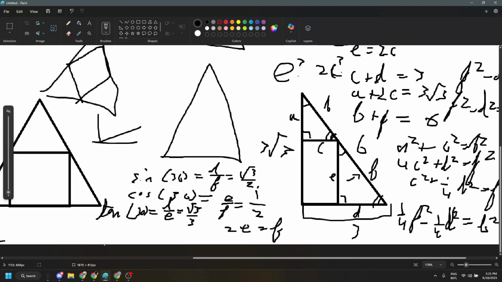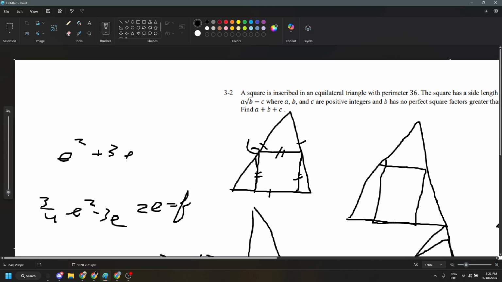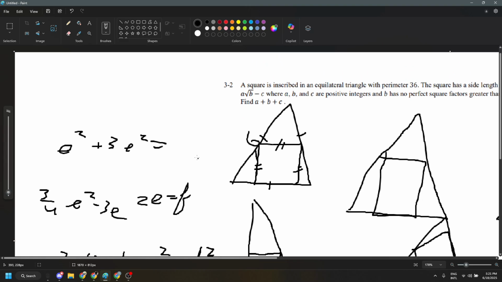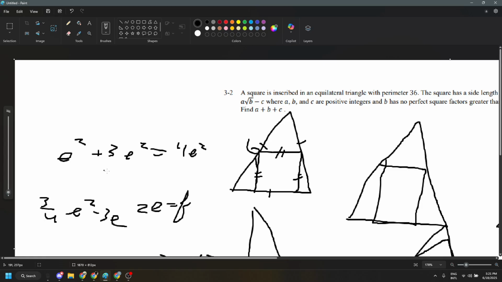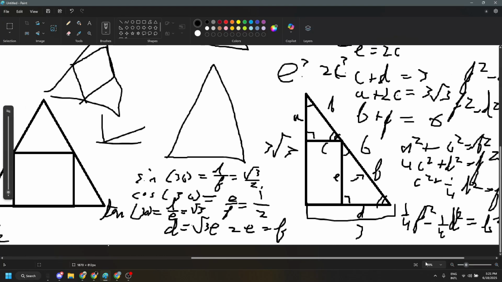Because it's sine over cosine. Or no, is that just root 3? It's just root 3. So that means D is equal to root 3 E. So 3E squared is equal to 4E squared. Brother, what did I just do? Why did I do that? Doesn't give me anything.